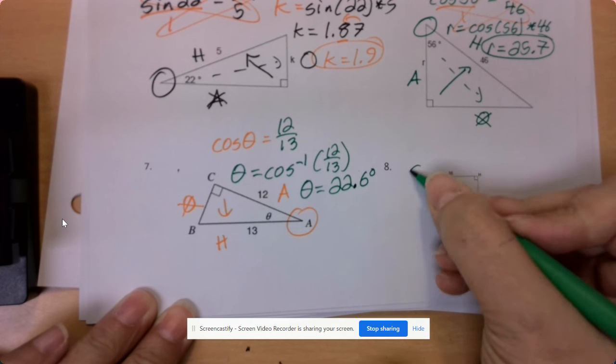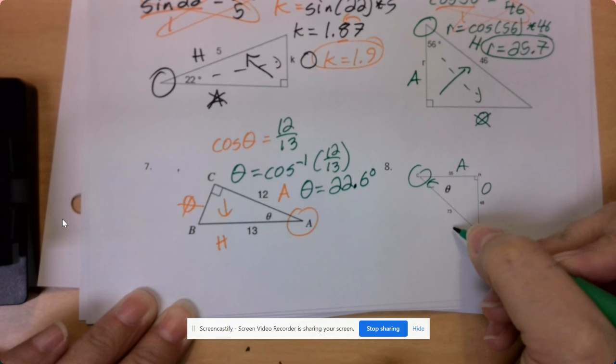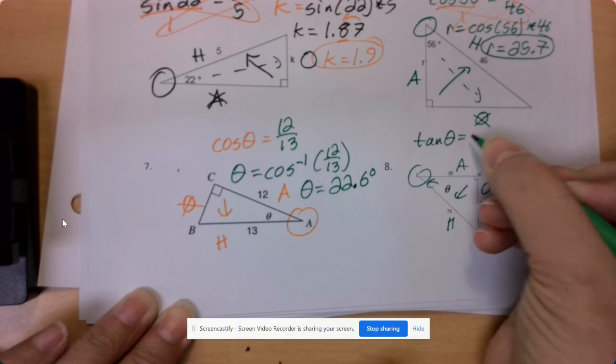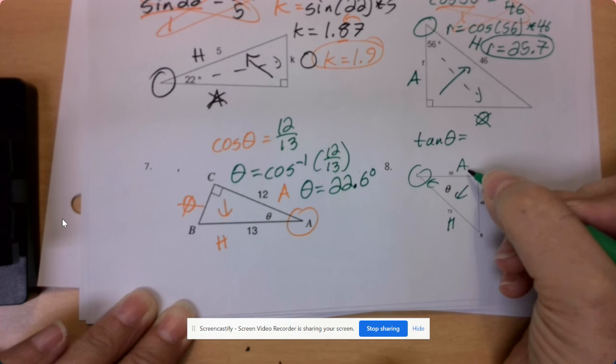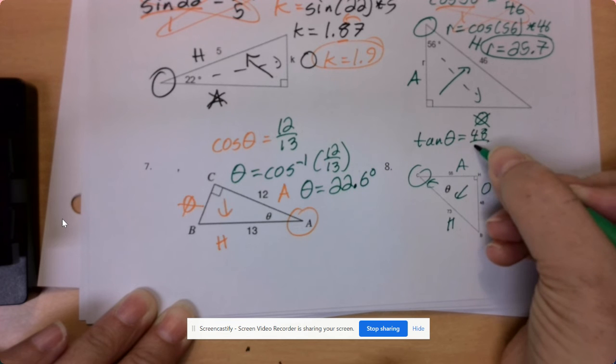Okay, same for this one, everybody. The angle's right here. And we have all the sides, so we can use whichever one we want. I'm going to use tangent because we haven't used tangent yet. So tangent theta is going to be equal to opposite over adjacent.